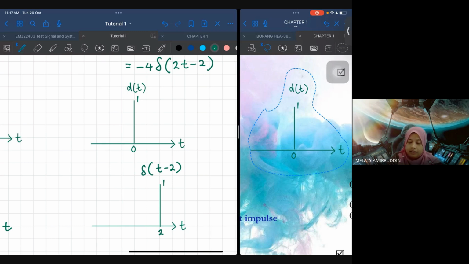Okay, and then you need to do scaling. Scaling meaning that you divide by 2.